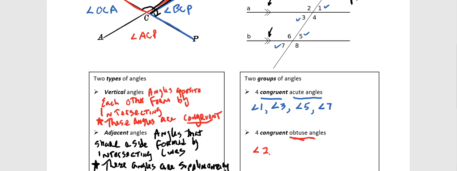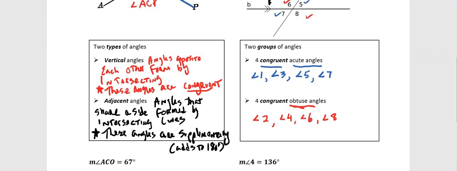Putting that aside for a moment, just looking at the 4 obtuse angles, then angle 2 is congruent with angle 4, which is also congruent with another obtuse angle in this diagram, angle 6, and is finally congruent with angle 8.